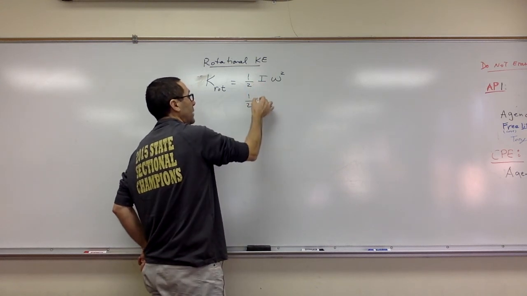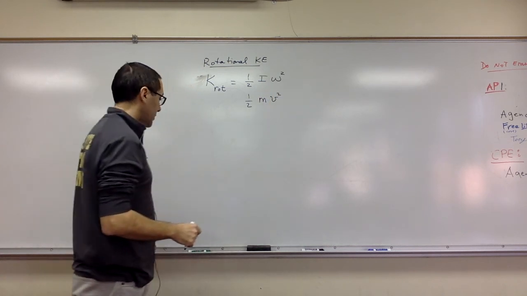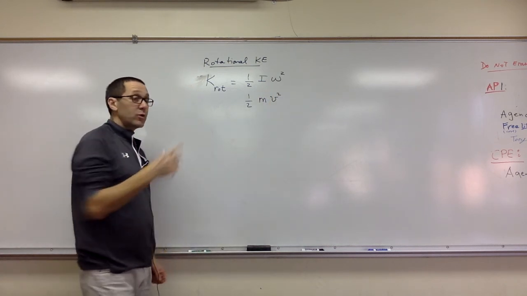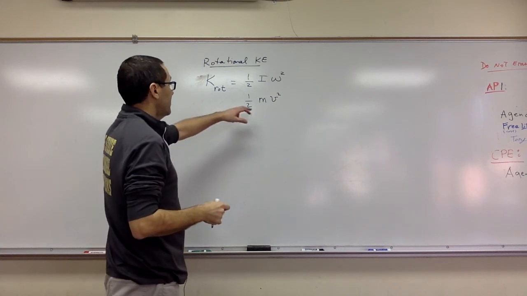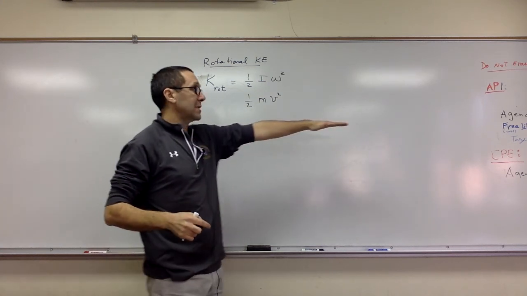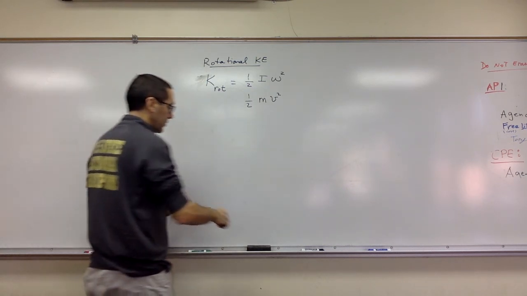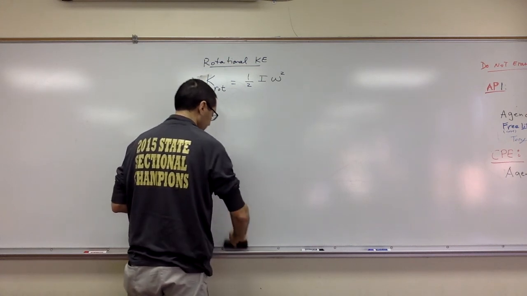The I plays the role of m and omega plays the role of v. But just keep in mind that when something is rolling, you have both. You have the center of mass that's not aware of any rotation, that's translation, and you have every other part of the object that's spinning.